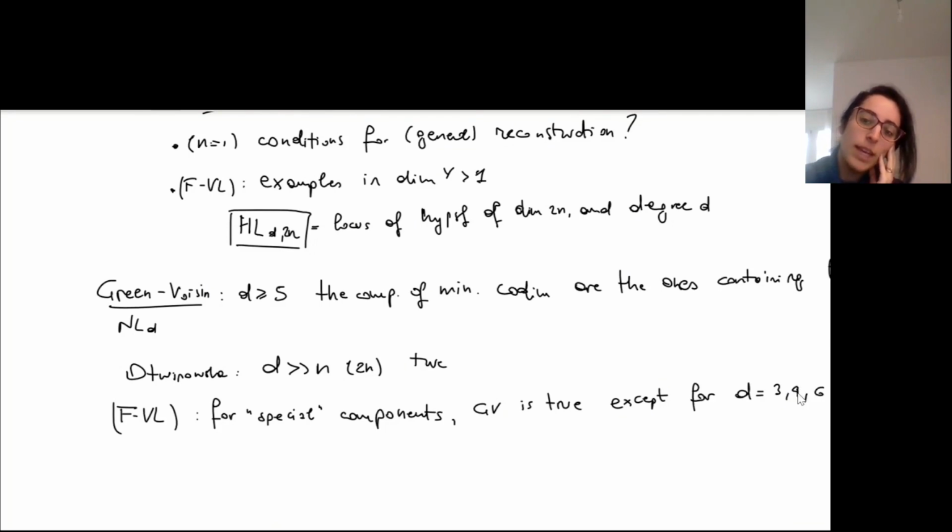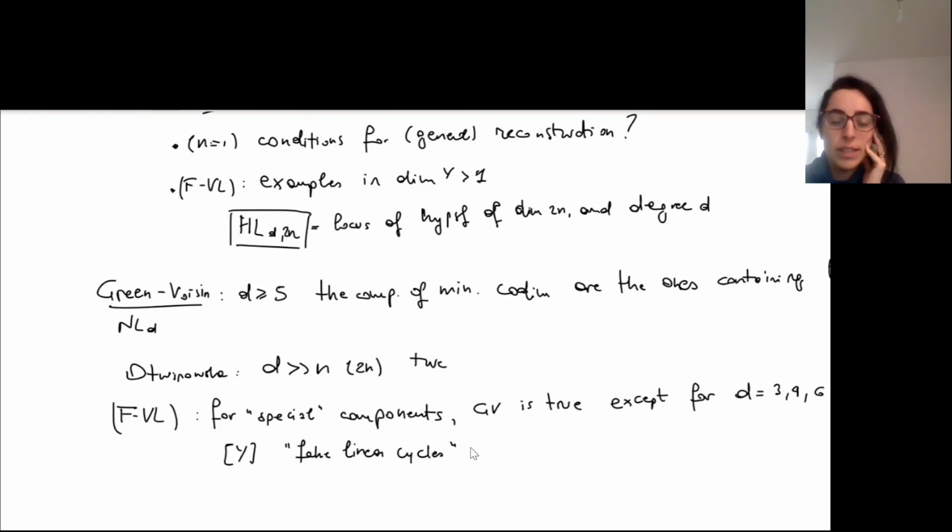And in these cases, they find what they called fake linear cycles, clearly fake linear cycles, because they are cycles contained in hypersurfaces in a component of minimum codimension, but not containing linear subvarieties, but subvarieties that they call fake.